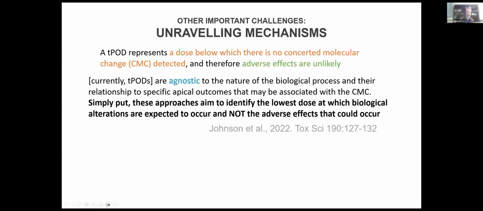Simply put, these approaches aim to identify the lowest dose at which a biological alteration is expected to occur, but not what those adverse effects are likely to be in the long term. And this has always been a sticking point for some risk assessors who feel that there's a need to clearly identify what a hazard is before you can regulate it.